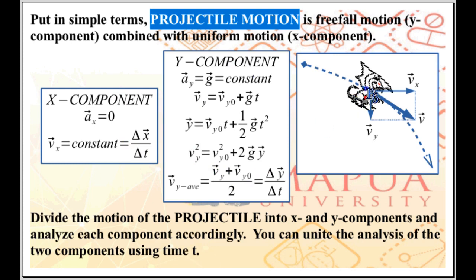Since there's really only one object that is moving, there's only one time of travel, which means the time of travel on the x component is the same as the time of travel on the y component.